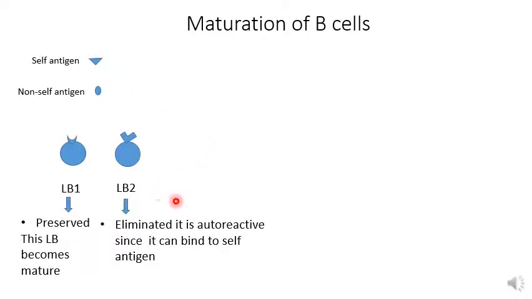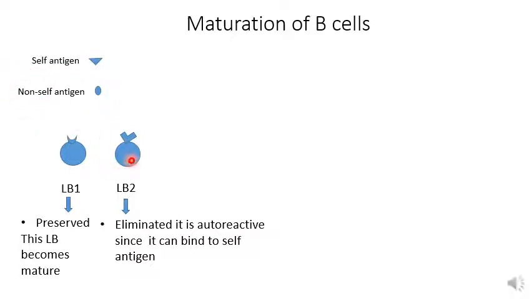Which one will be preserved and which one will be eliminated? LB1 is going to be preserved and to become mature, since LB1 can bind to non-self antigen and we need this lymphocyte because we might one day catch an infection with this non-self antigen.